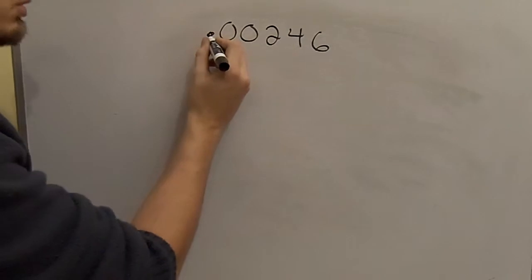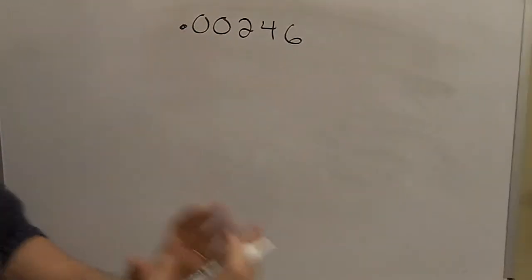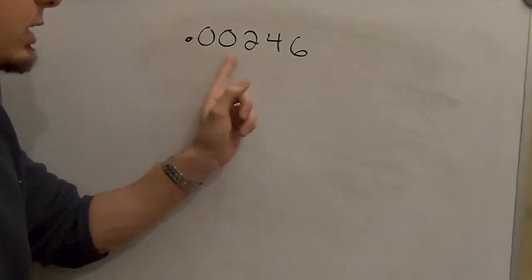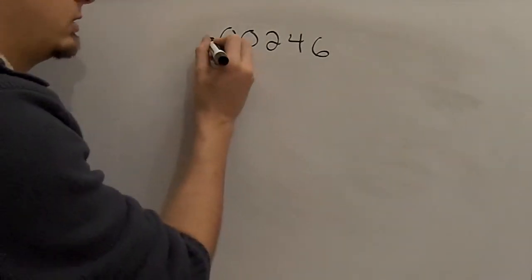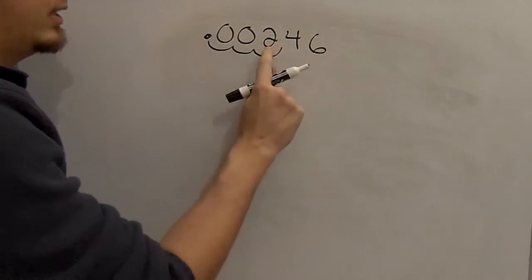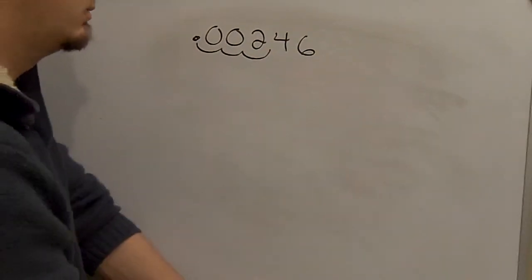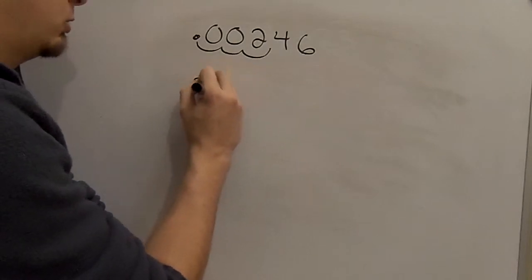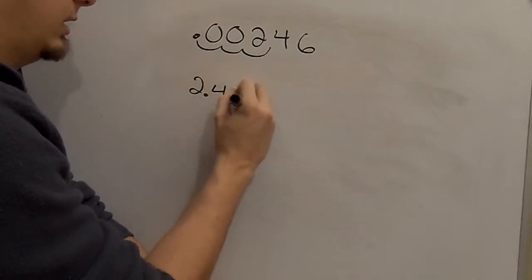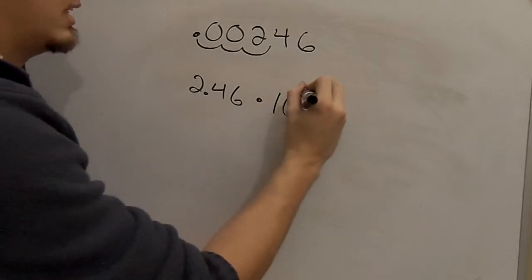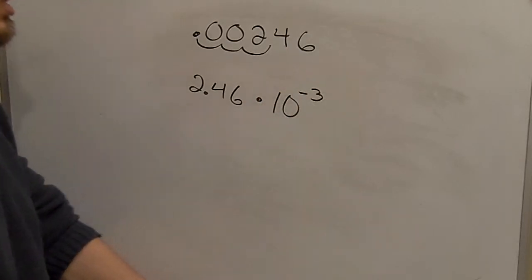What we're gonna do is move this decimal so it's between the first and second number, not counting zeros. We're not gonna count zeros as numbers. So we're gonna move this decimal 1, 2, 3 places because 2 and 4 are the first and second numbers that appear in this decimal. And so we're then gonna write 2.46 times 10 to the negative 3.